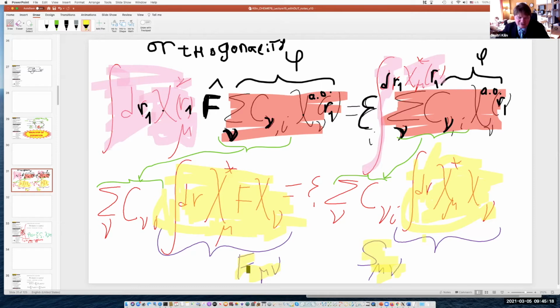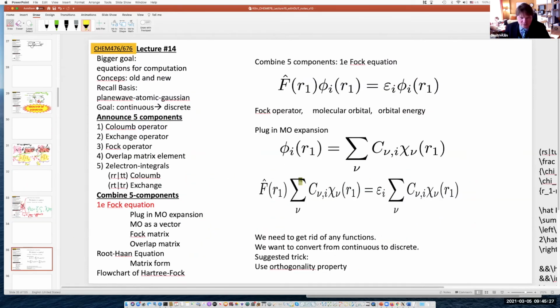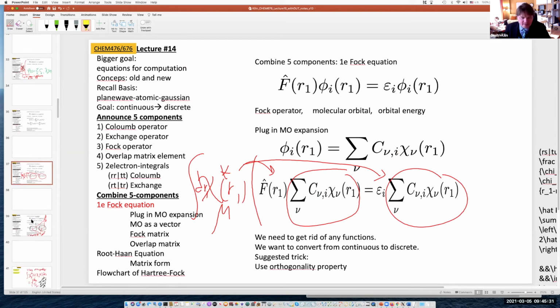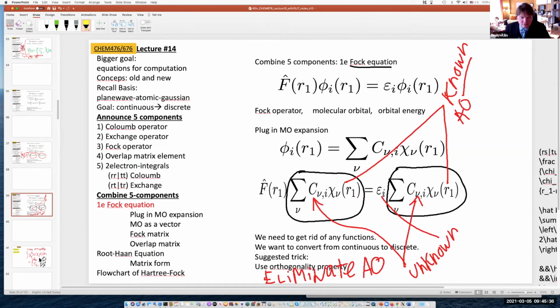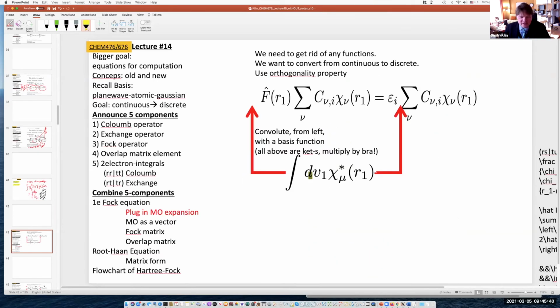Now there will be several slides which just repeat the same idea in maybe different fonts. So plugging in, integrating, defining the overlap matrix element, again multiplying left and right by atomic orbital and integrating. Here I found my own error, should be R1.